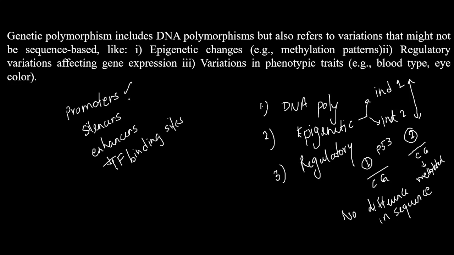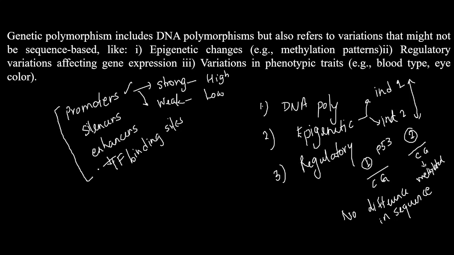Because this is again not DNA polymorphism. Suppose a particular gene has a strong promoter, then the expression of that gene is going to be high. But suppose in another individual this promoter is weak, maybe you will not get high expression of that gene. Maybe there is a low expression, but the gene sequence is the same. Only the regulatory regions are different.